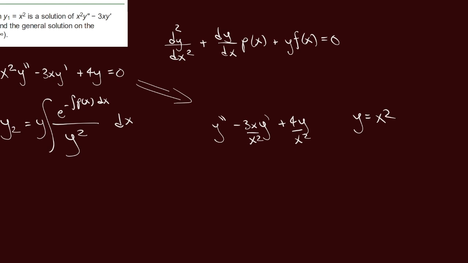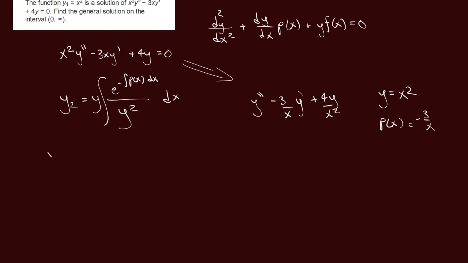This is before we cancel this stuff out. Now let's cancel this and this out. So it's just minus 3 over x, and that's what your p of x is going to be. Now we're going to start plugging into this formula.